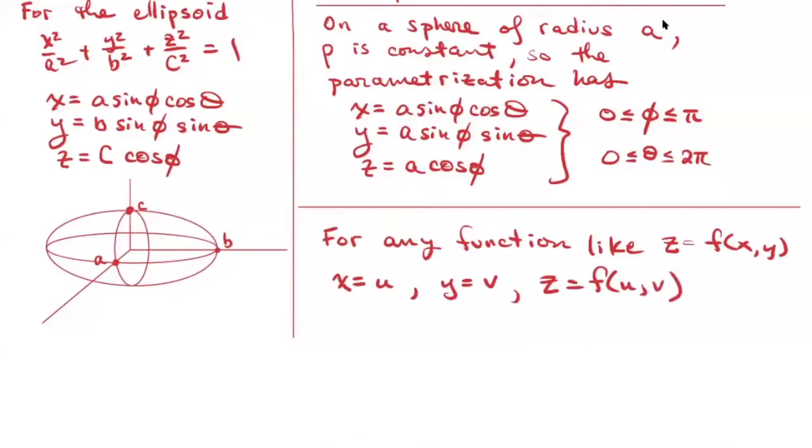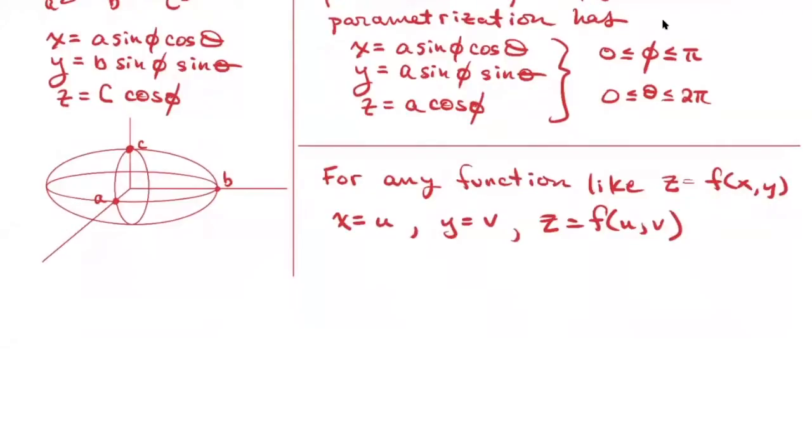Okay, so that's an easy way to parameterize the surface. You say r of u v is x, which is u, y, which is v, and z, which is f of u v. So there's your vector function.